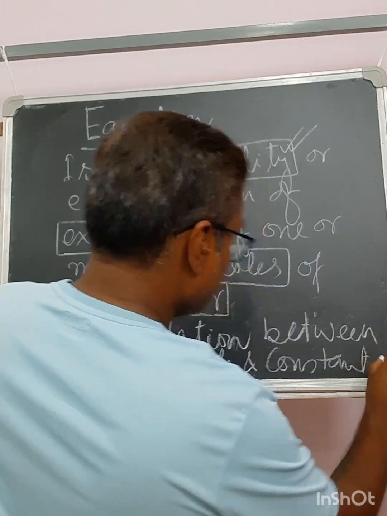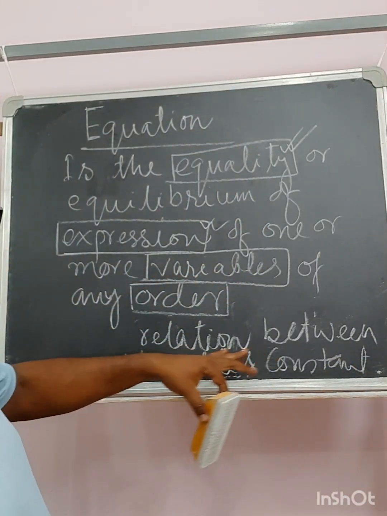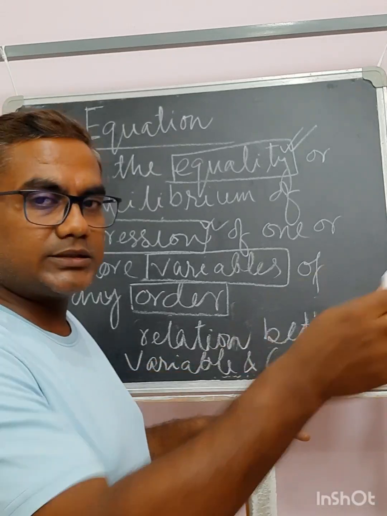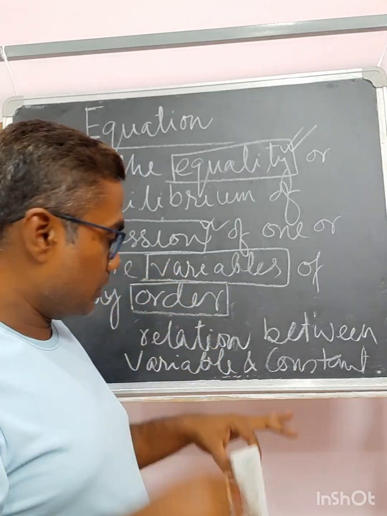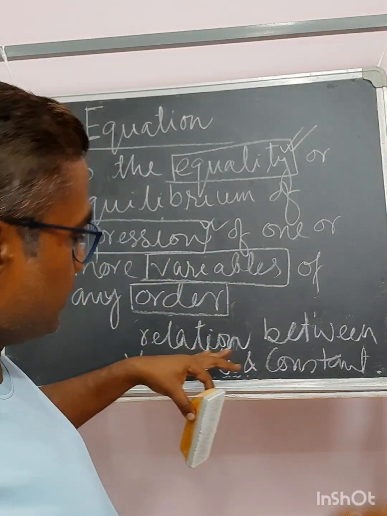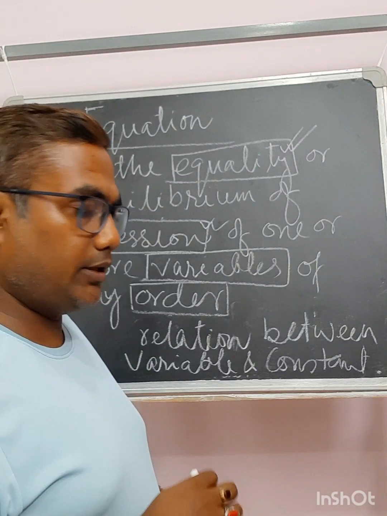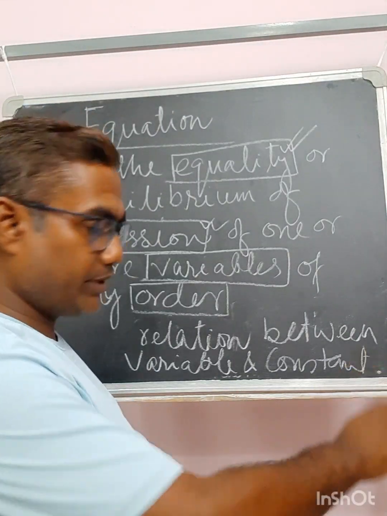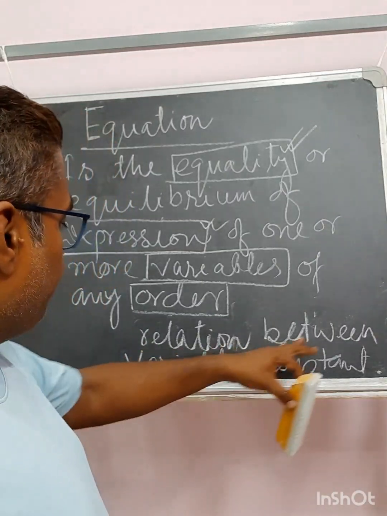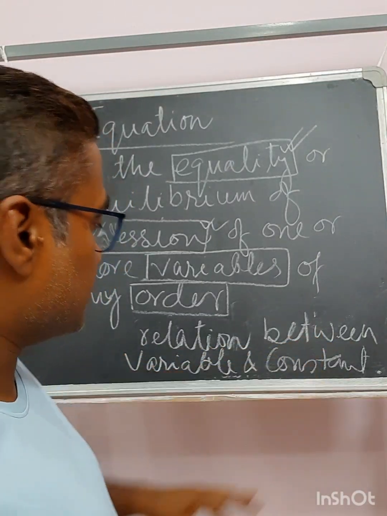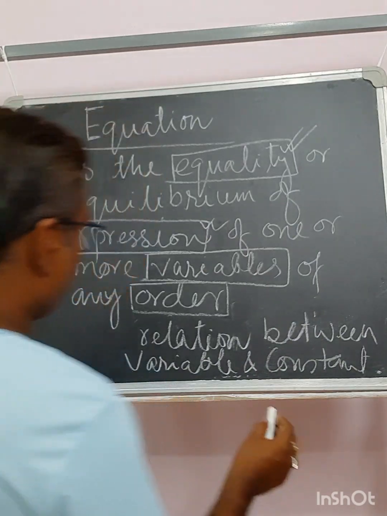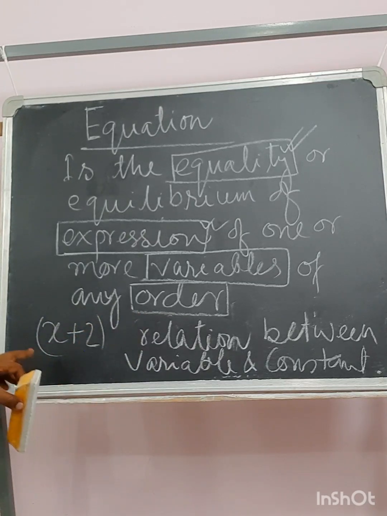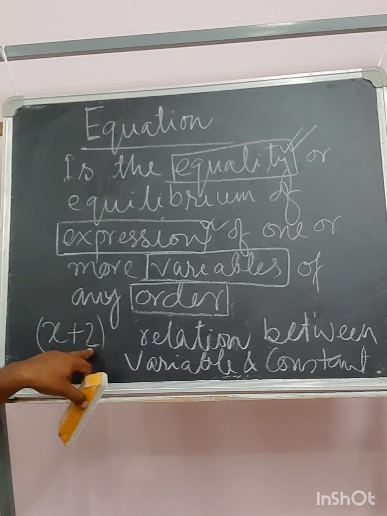It is not supposed to be any relation of any particular form; it is only an individual, separate relation between any variable and a constant. For example, x plus 2 is an expression where x is a variable and 2 is a constant.